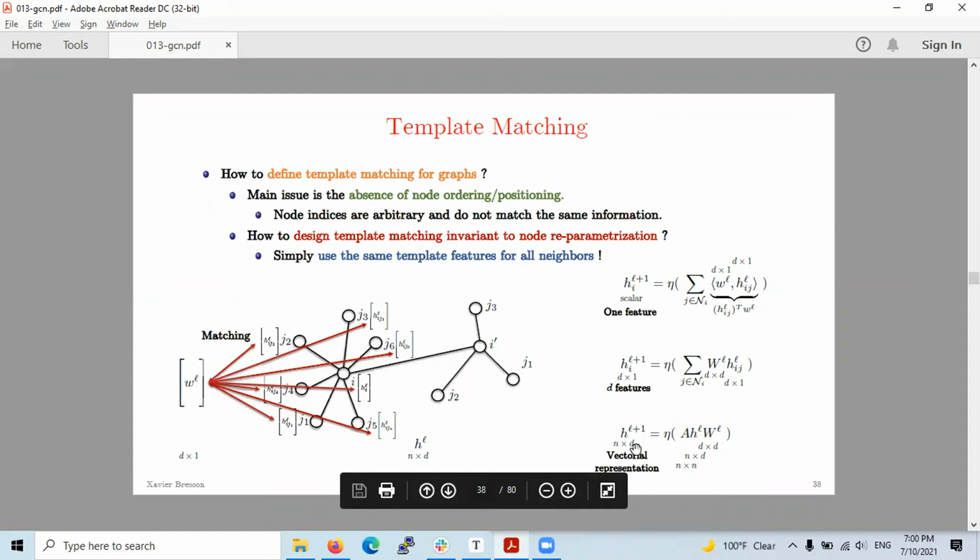So probably it depends on how deep a network is, on how many times you apply the convolution operation.